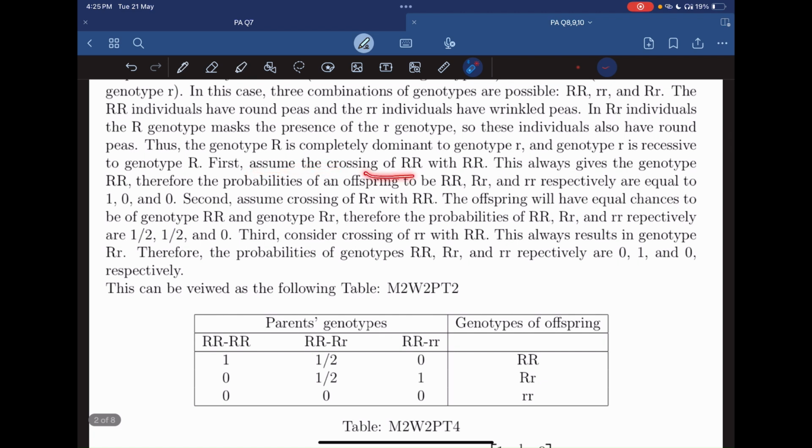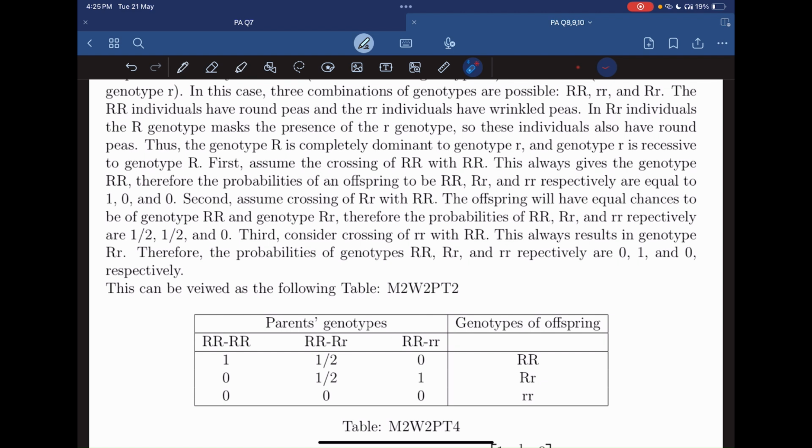First, assume the crossing of double capital R with double capital R. This always gives the genotype double capital R. Therefore, the probabilities of an offspring to be double capital R, capital R small r, and double small r respectively are equal to 1, 0, 0. Second, assume crossing of capital R small r with double capital R. The offspring will have equal chances to be of genotype double capital R and genotype capital R small r.